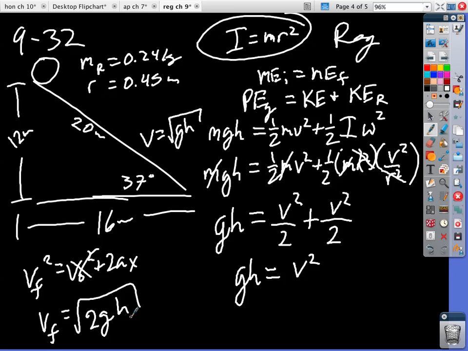And it was to show you that it just makes sense if you think about it. Because if there was no rotation, all of the potential energy goes into moving that thing down the hill, so it's going to go faster. But if there is rotation, then some of that energy had to be used up to make it rotate, and therefore its linear velocity is lower. Does that make sense? Yeah.